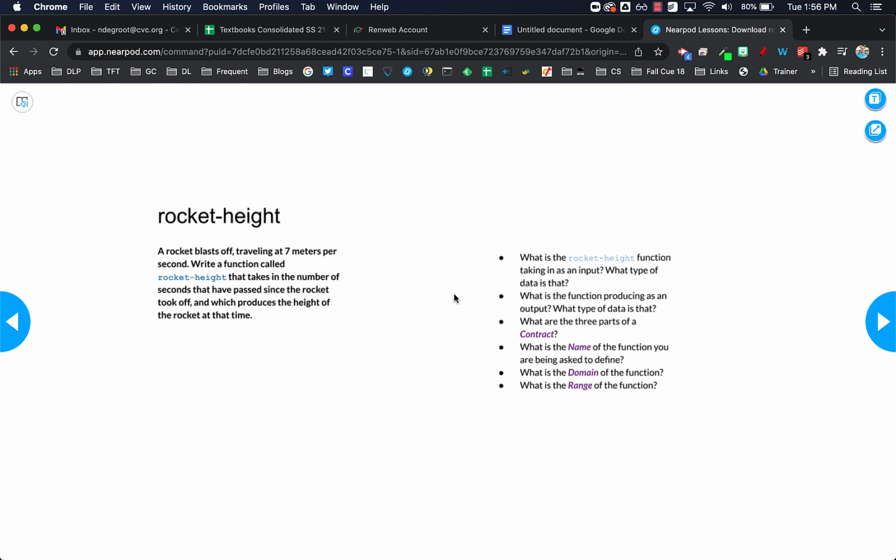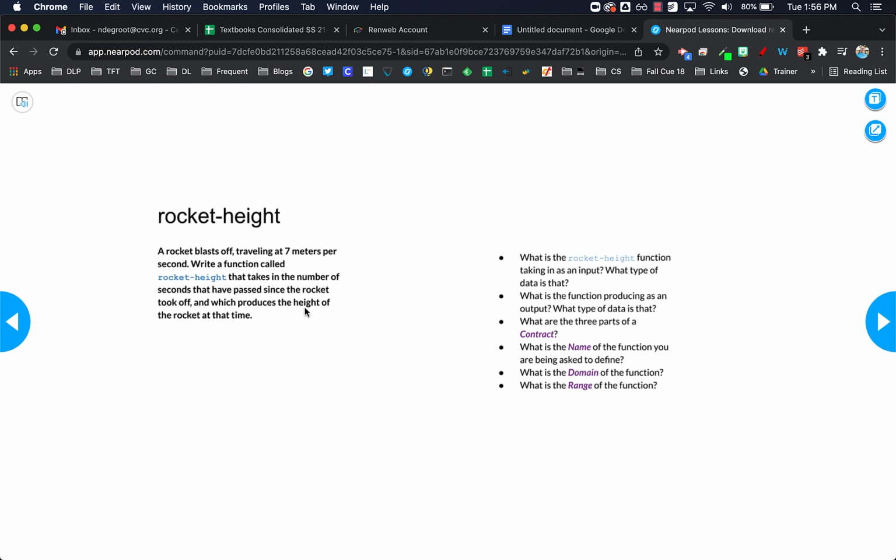So we talked about, okay, what are we giving this as an input? What's its domain? What's it taking in? What data type? And we realized that if we look at the directions, it says that it takes in the number of seconds. So it is going to take in a number. And then it is going to produce the height. And we were kind of struggling.